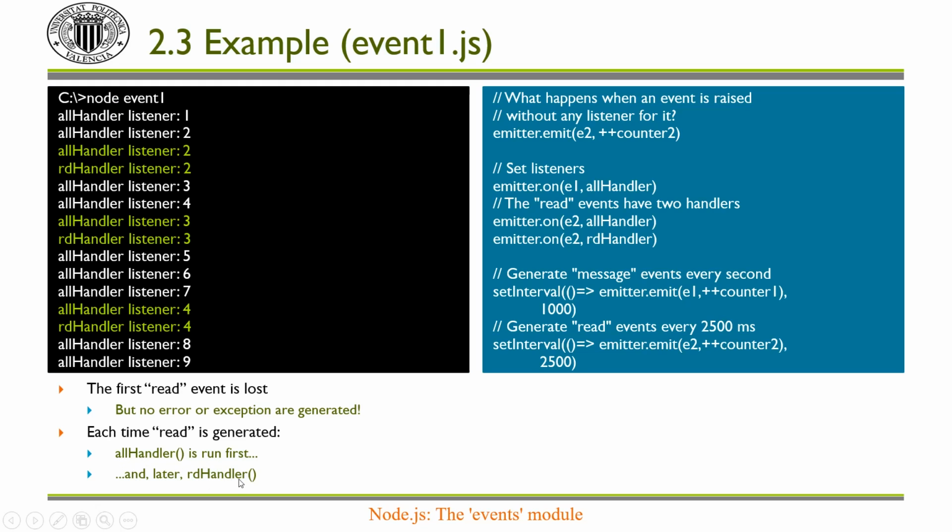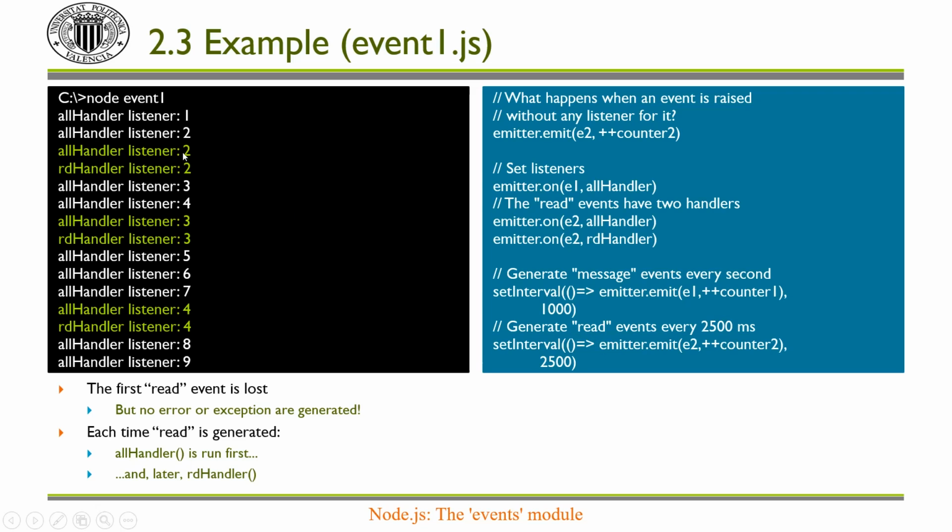Here, we are able to see the output, the first lines in the output of that program. As we may see, in white, we have the messages associated to the message event, while in light green, we may see the messages associated to the read event.